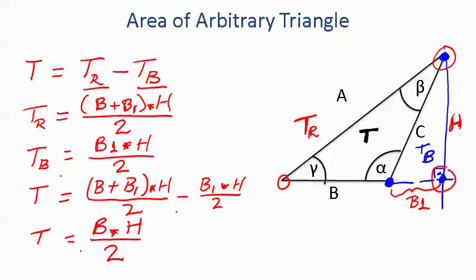So what do you observe again? Similar to the previous case, the area of a triangle is the product of the length here, B, times the opposite perpendicular, divided by 2.